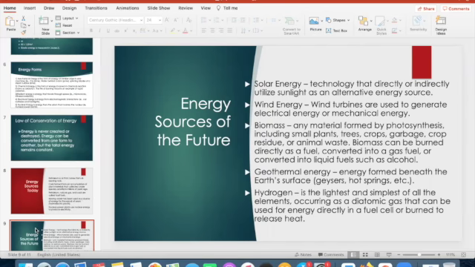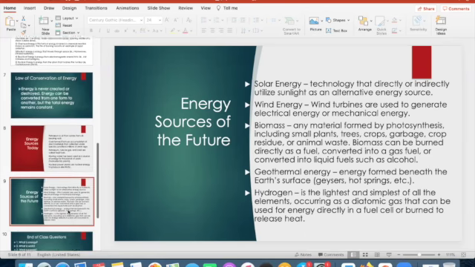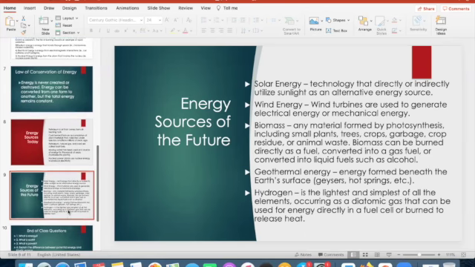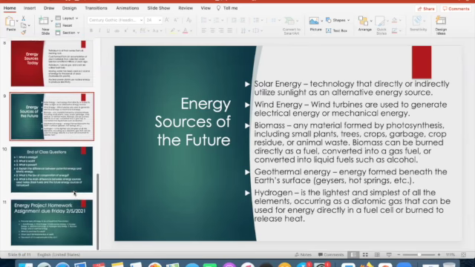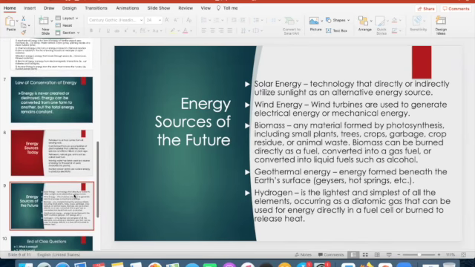Hydrogen is known as one of the lightest and simplest of all the elements, occurring as a diatomic gas, and that can also be used as fuel to release heat. So that can be used as well, and more future research is going into that, and new ways of using it will be coming out pretty soon. All right, so that is the gist of chapter 3.